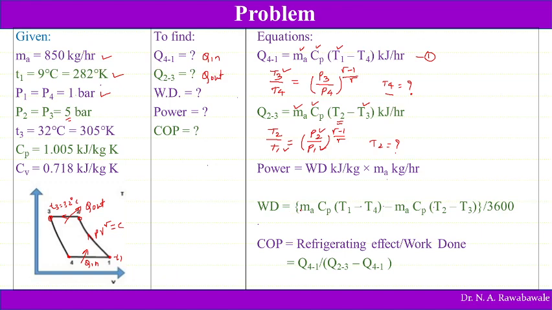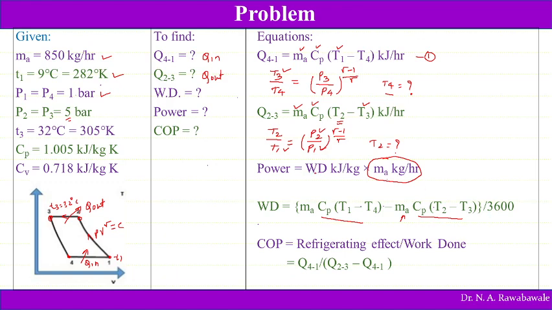Actually what we have written while deriving, MA was taken as 1. So now here MA is present, means this MA is not required to be multiplied. So automatically this work done which we obtain will be in kilojoules per hour, and if we divide it by 3600 it will be in kilojoules per second, is it?